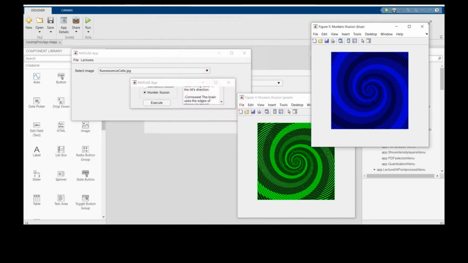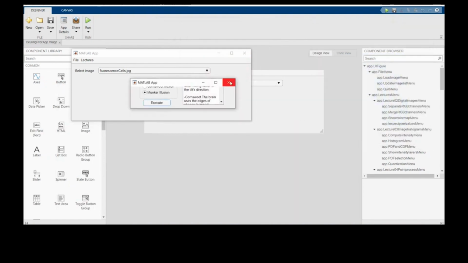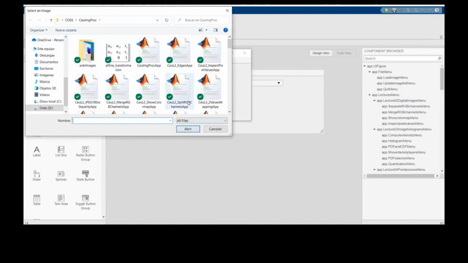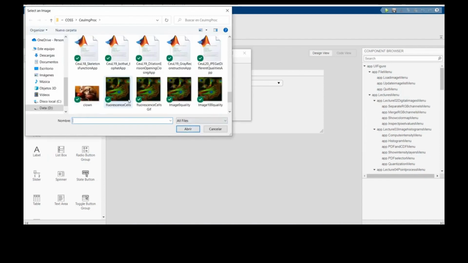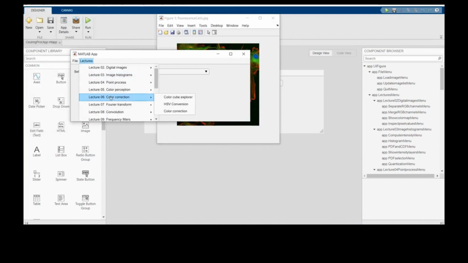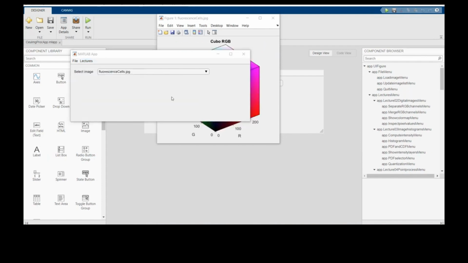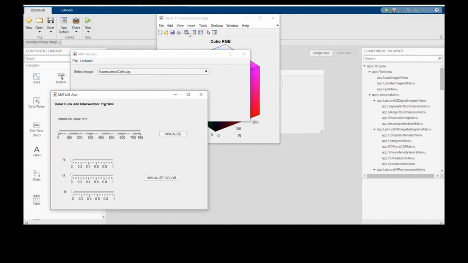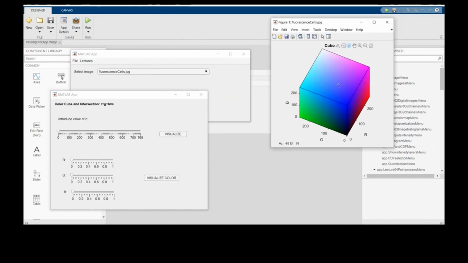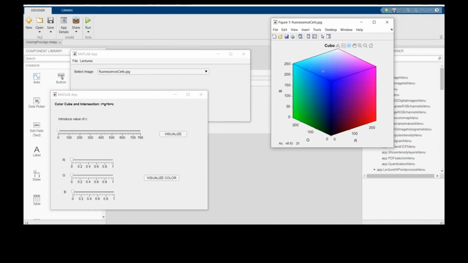Okay, so what else do we have? Okay, so let me load the image again. This one. Then, color correction. So this one, you can see this is the color cube that we were discussing the other day.